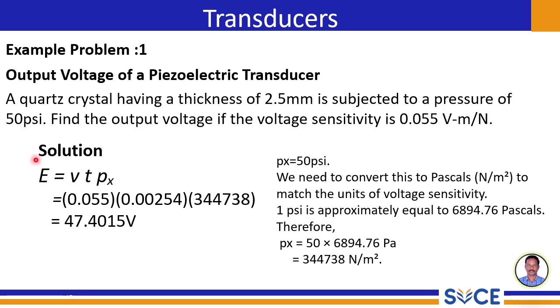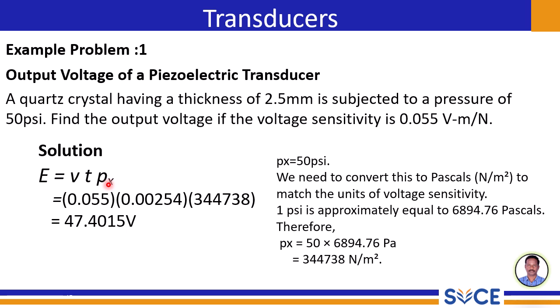We have to find the output voltage if the voltage sensitivity is 0.055 volt meter per Newton. So the thickness of the quartz crystal is t equal to 2.5 mm. We will convert this into meters so that t is equal to 0.00254.